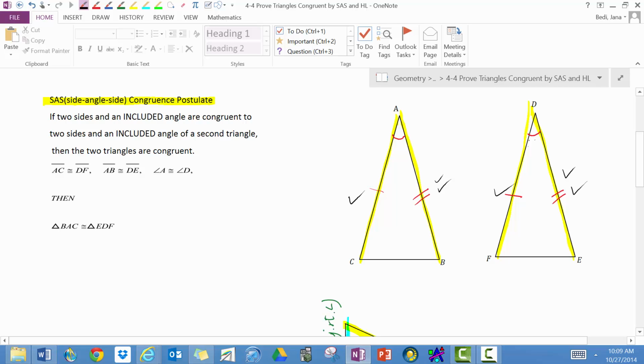So therefore you can say that triangle BAC is congruent to triangle EDF.